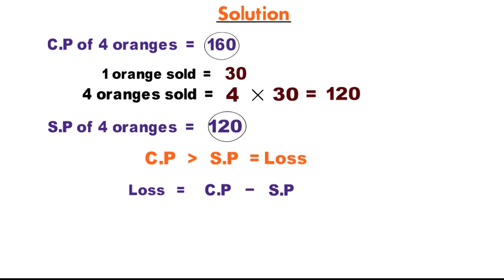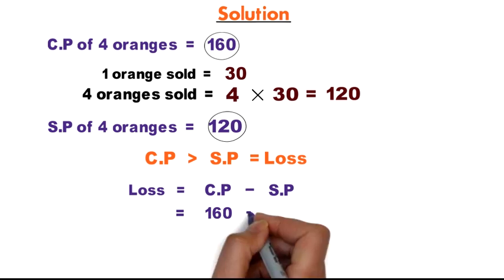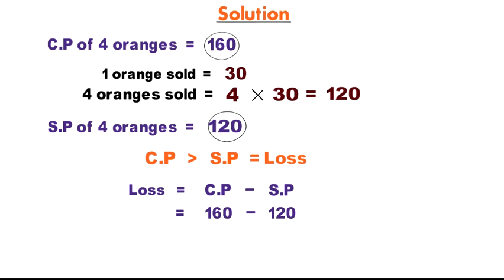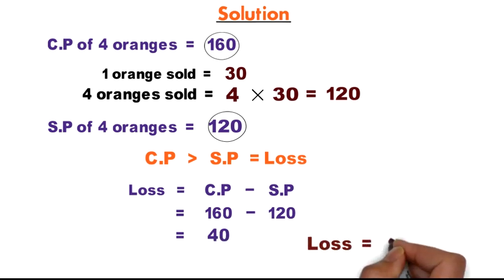We will put our values into the formula. This gives us gain is equal to 120, which is the selling price, minus 116, which is the cost price. This is equal to 4. Therefore, the gain is equal to 4 naira. This is how to calculate gain.